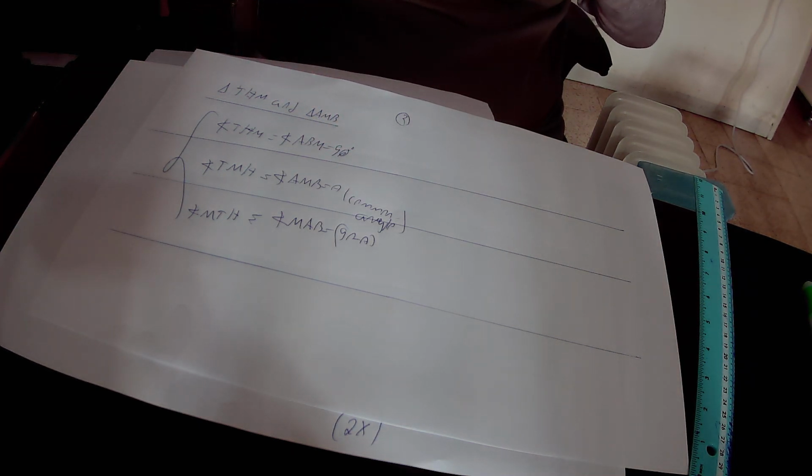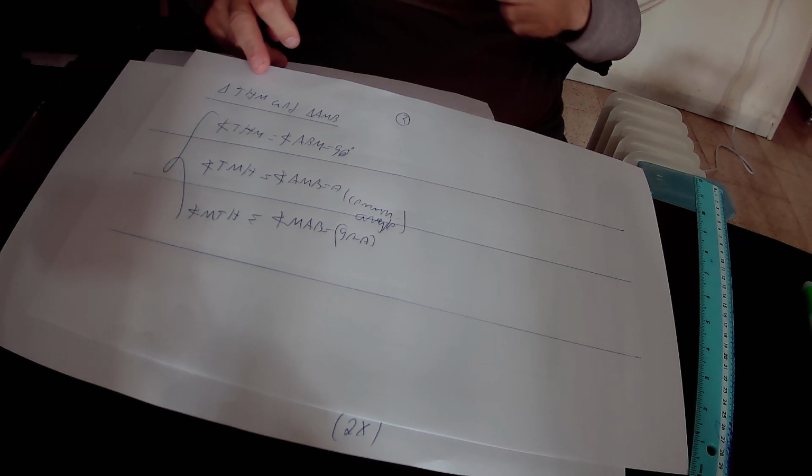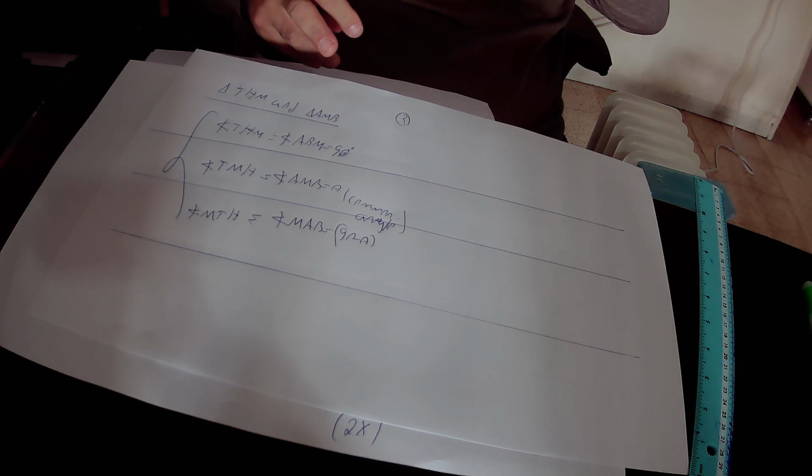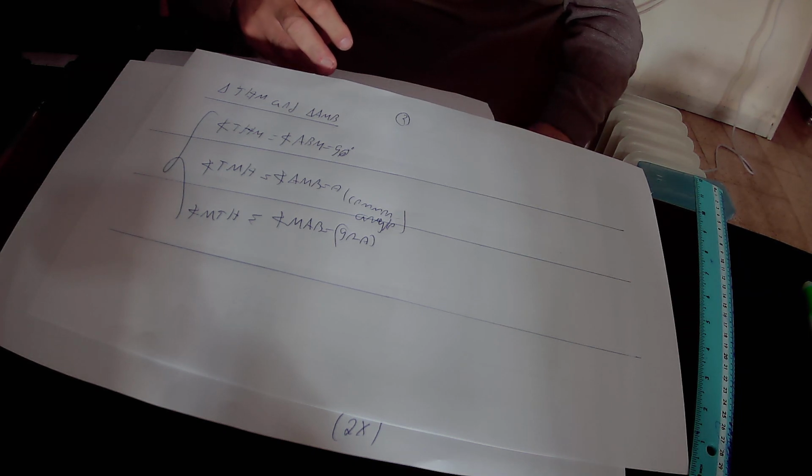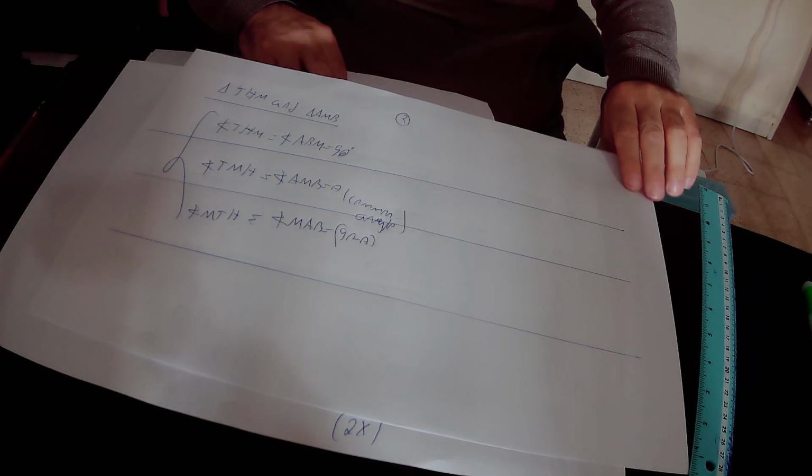So we actually proved that all three angles in the big triangle THM are correspondingly equal to all three angles in the small triangle AMB. Therefore, the two right triangles are similar to each other according to the angle similarity rule.